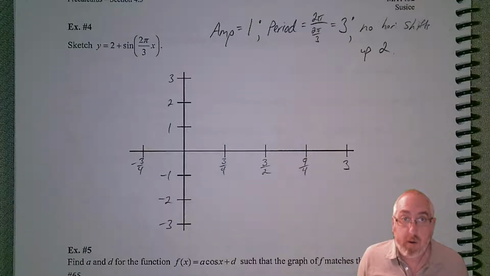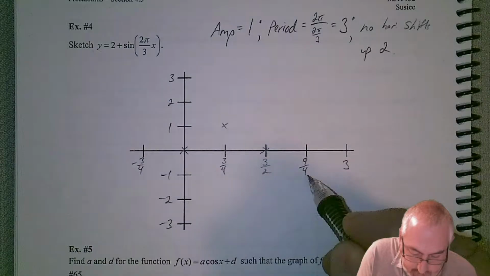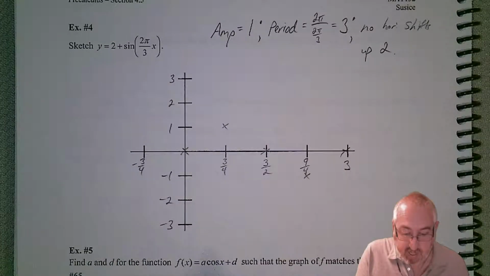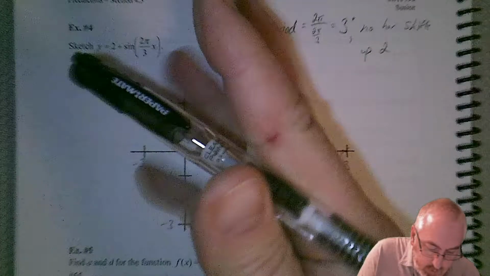We're dealing with sine, so we know that that starts at the origin, and then it goes up, then down, and up. So now we just have to take each of those x's and shift them all up 2 units. So this one's going to get shifted to here. So we can lose that one. This one gets shifted up to there. This one up to here.